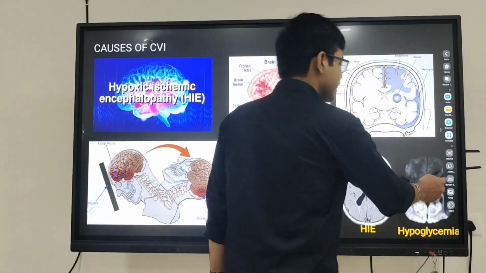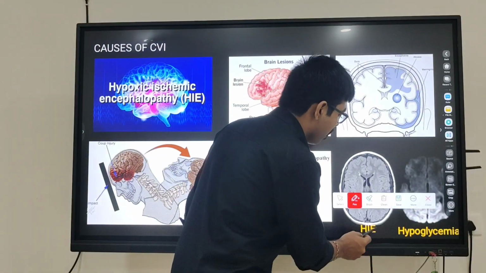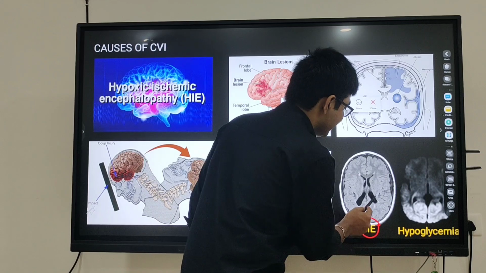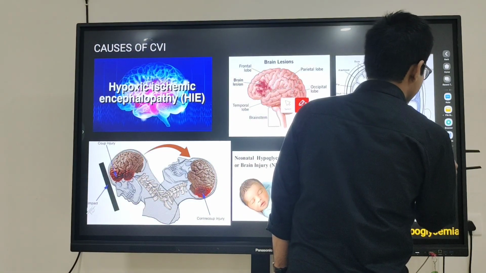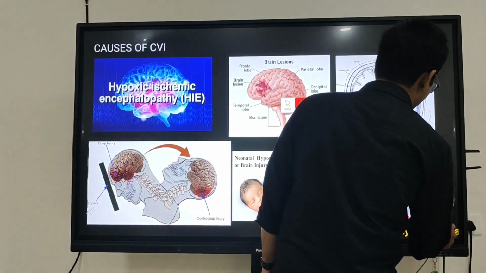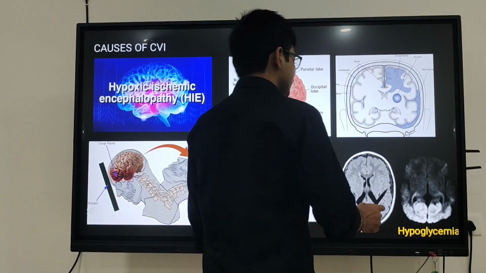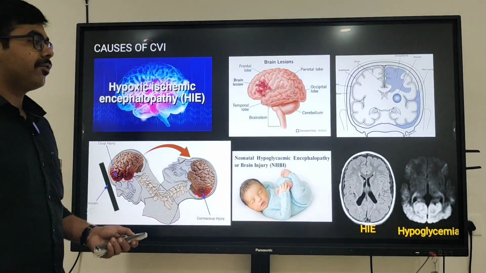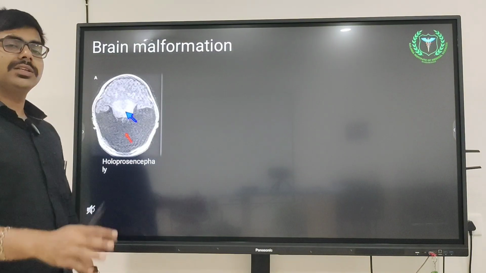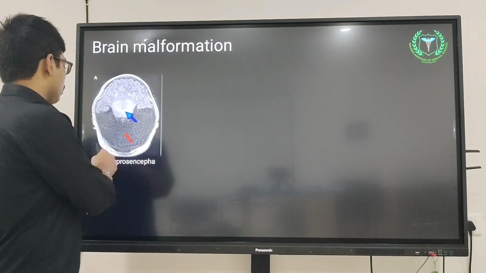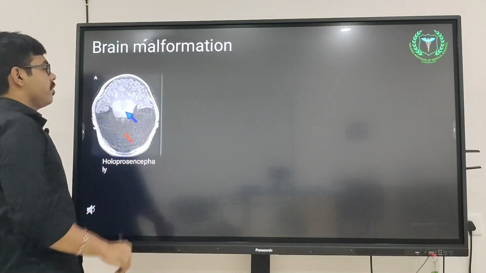We can see in the classic case that in HIE, or hypoxic ischemic encephalopathy, there are periventricular changes, but in hypoglycemia we can see changes in the occipital lobe. These are the classic signs by which we can see on MRI that cerebral visual impairment is present. Brain malformations are basically congenital causes, such as holoprosencephaly, where half of the brain is absent.